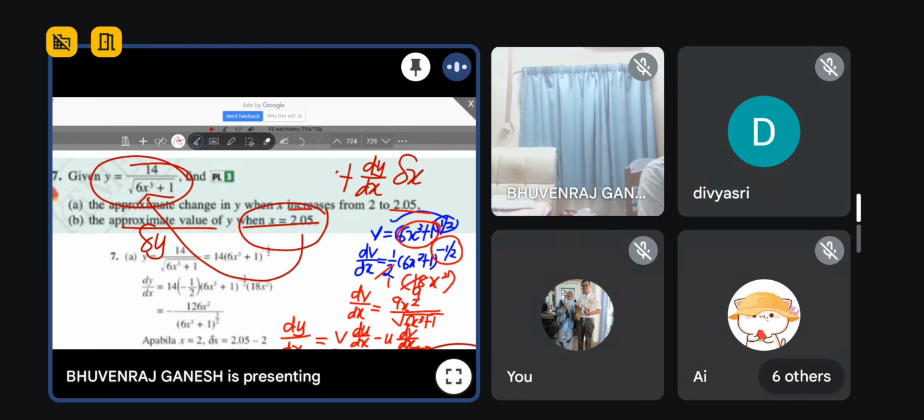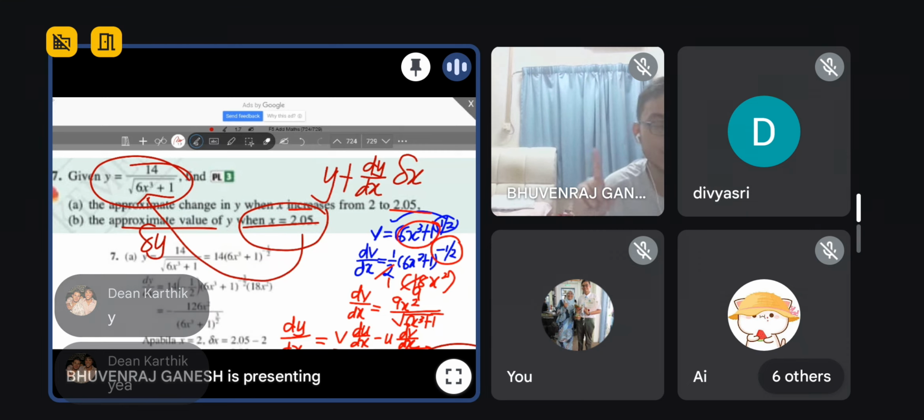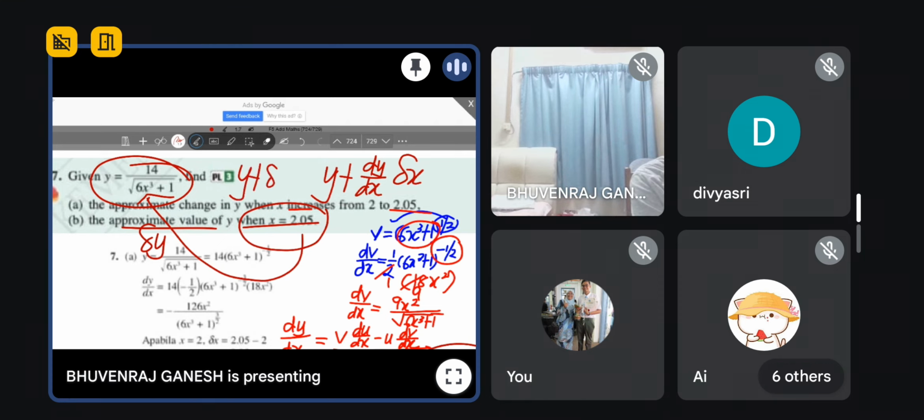This one is y. y plus dy over dx times delta x. So basically you can simplify it to become y plus delta y equal to this. Okay, guys, can you understand? So whenever they ask you the approximate value of y, you must take the original y value plus the small change in the y value. Then you will get the approximate value.